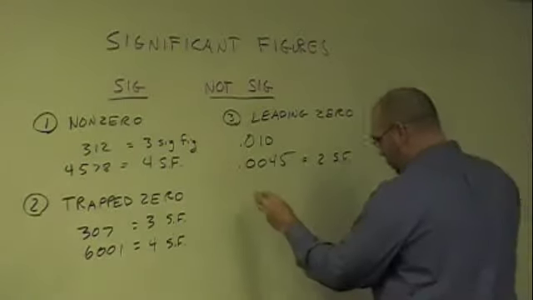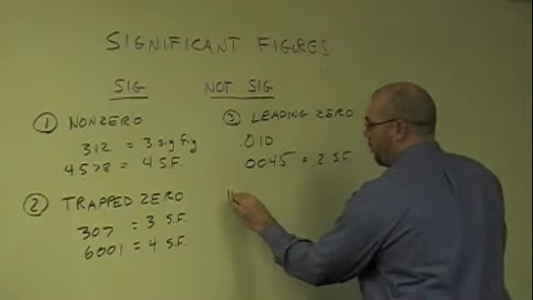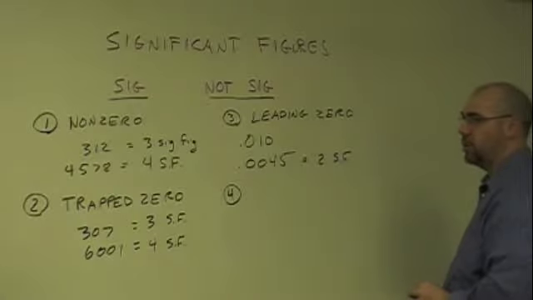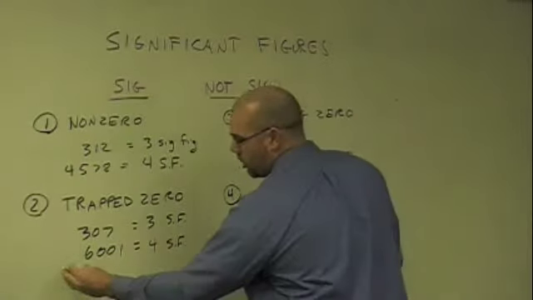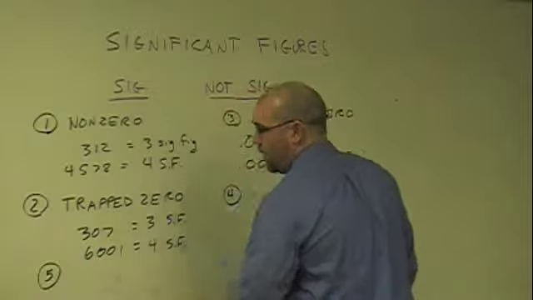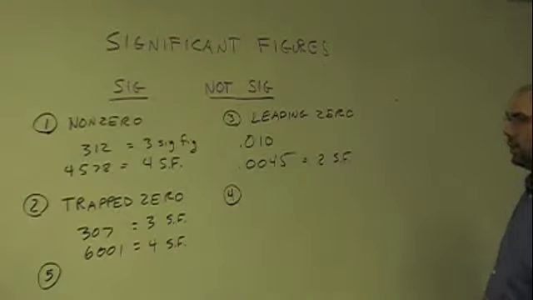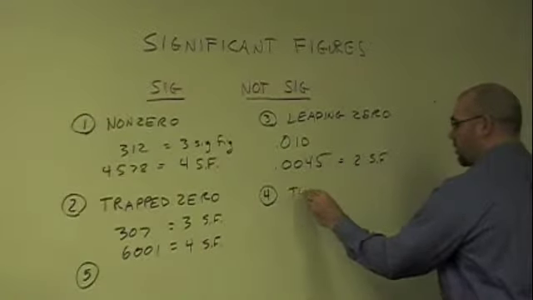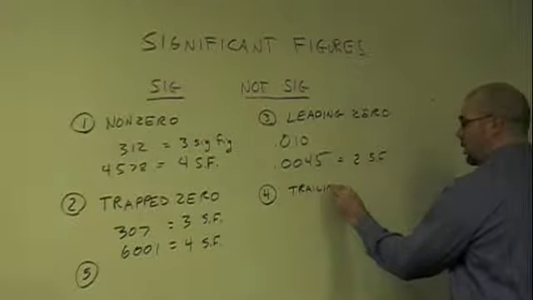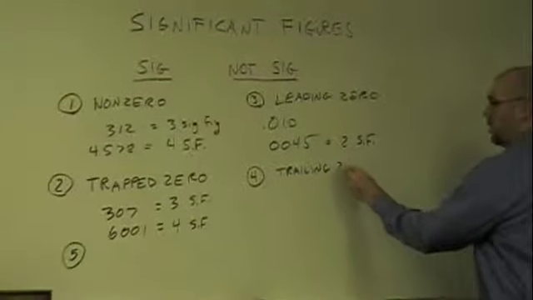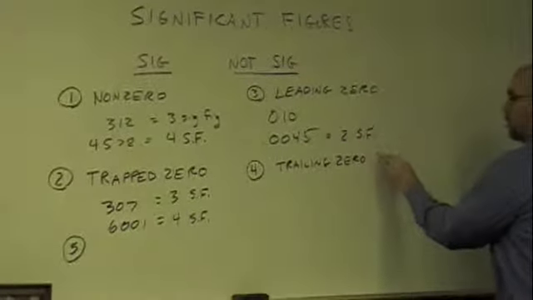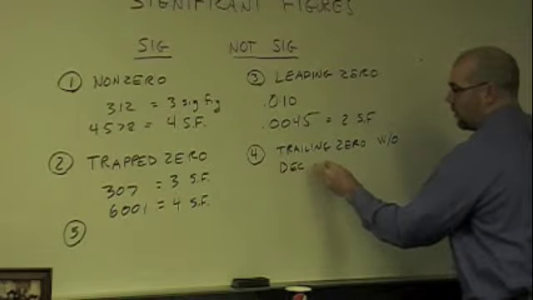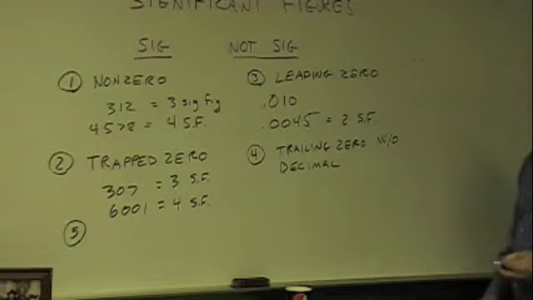Now, our fourth rule really splits into 2 categories, rule 4 and rule 5, and they talk about trailing zeros. Trailing zeros without a decimal are insignificant. They don't count.